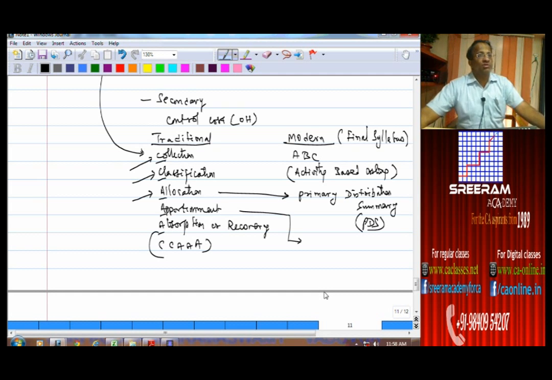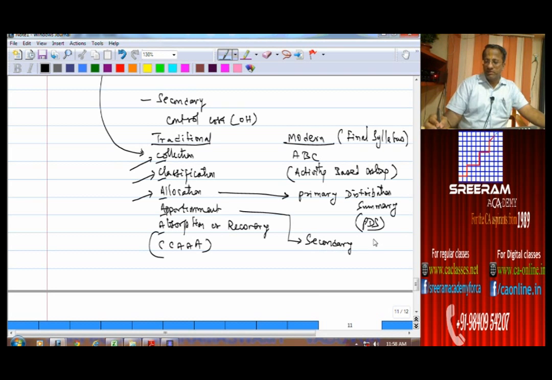The conclusion is that regardless of whether we produce goods in the service department or not, because of the presence of that department, other production departments are working effectively. So we would consider them at par with production departments and bring out the allocation. Then in apportionment we will prepare another one called the secondary distribution summary, SDS.